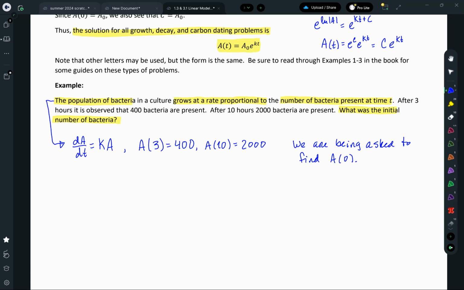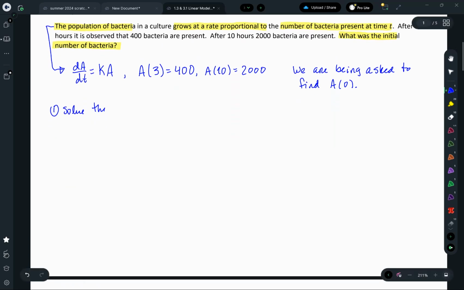Let's go for it. Okay, so our first step is to solve the differential equation. We know that we could separate that, and that would give us dA over A is equal to k dt.